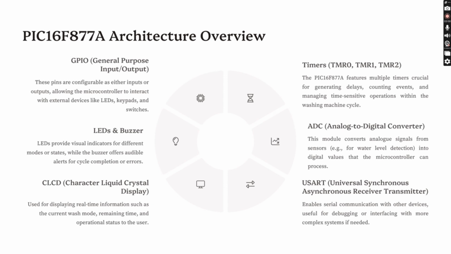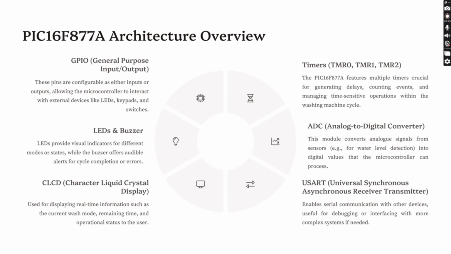Timers: the PIC microcontroller has 3 timers: TMR0, TMR1, TMR2. The PIC microcontroller features multiple timers crucial for generating delays, counting events, and managing the time sensitive operations within the washing machine cycle.